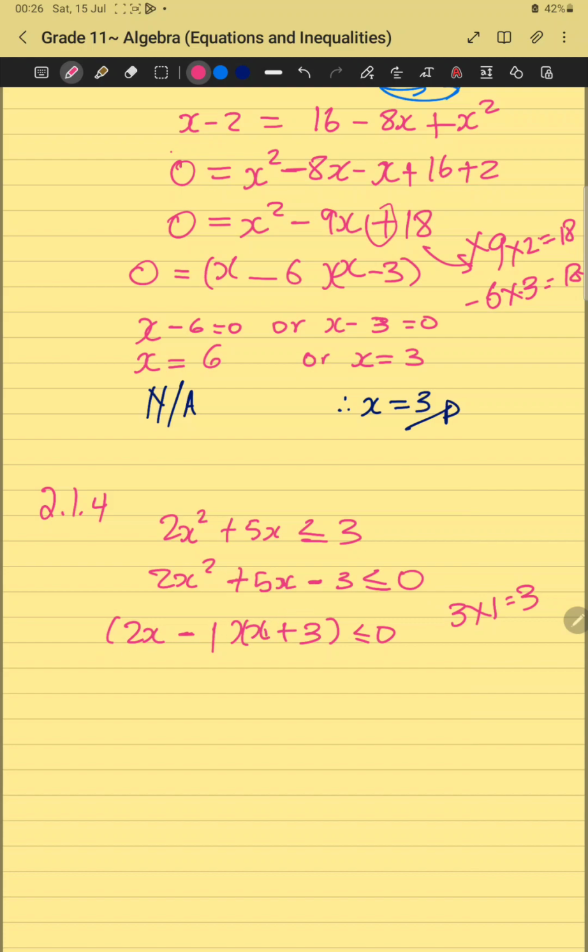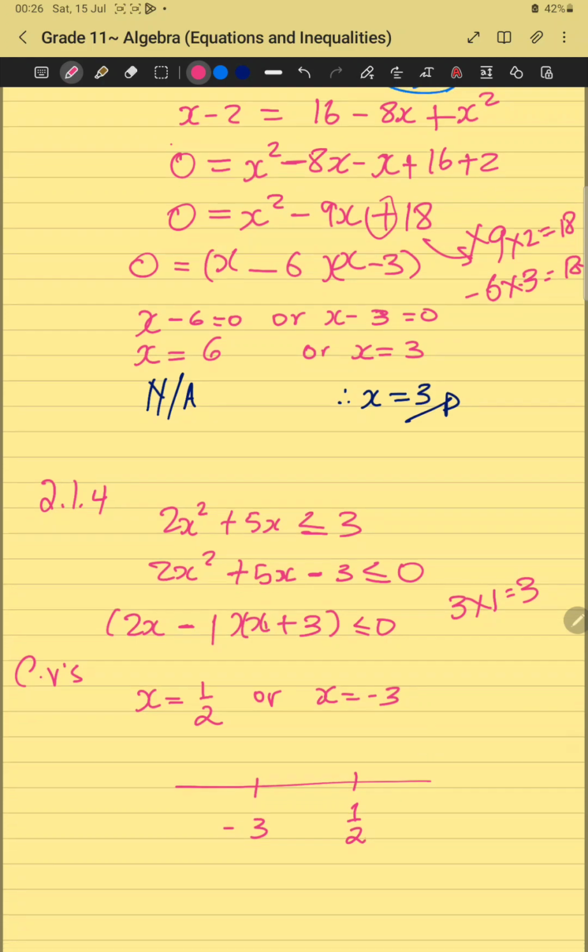And then from here we can just write what we call critical values, and then we just say x is equal to positive 1 over 2, or x must be negative 3, and then we just draw a number line, and then we put the negative one on the left, the one that is positive on the right.